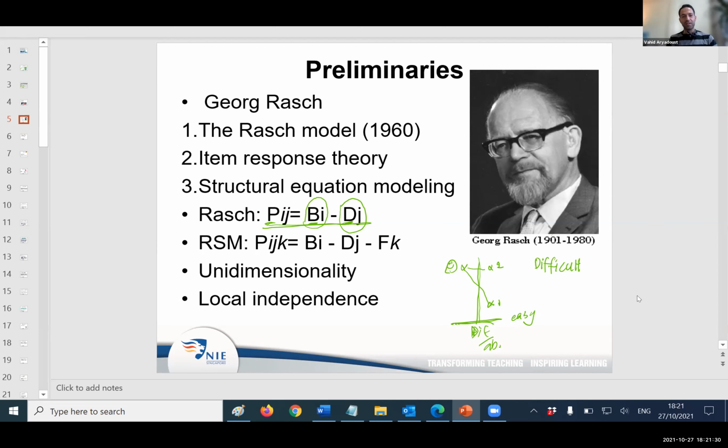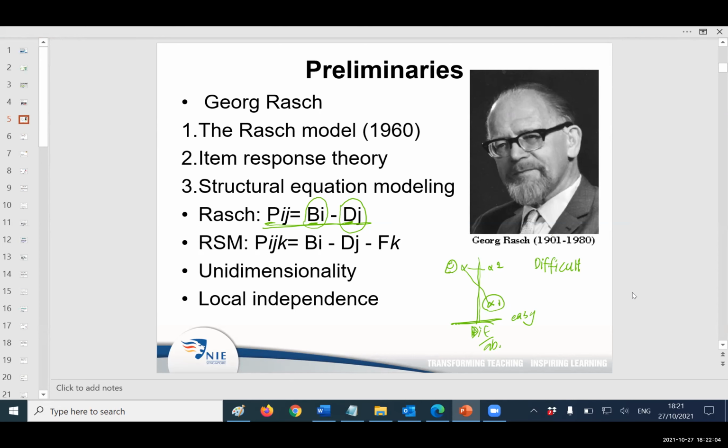Exactly, precisely. I mean, this sounds so easy and so intuitive that you might say, what's the point? Of course, it's the item that is easier. And in the same way, you can turn around the scenario and say, which item has a high probability to be answered correctly by this guy?